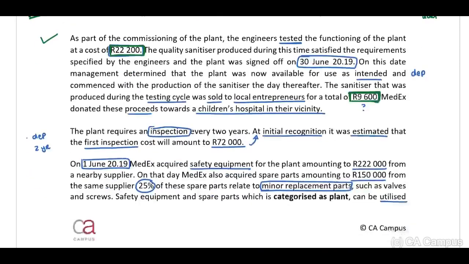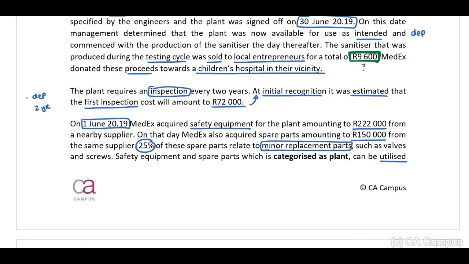Okay, next paragraph. The plant requires an inspection every 2 years. At initial recognition, it was estimated that the first inspection costs will amount to 72,000. Now guys, they estimated this at initial recognition. Now if you think about this, let's just take another scenario. You purchase a vehicle, okay?